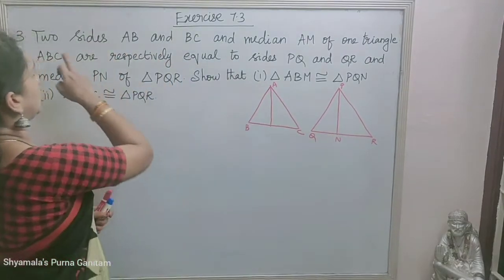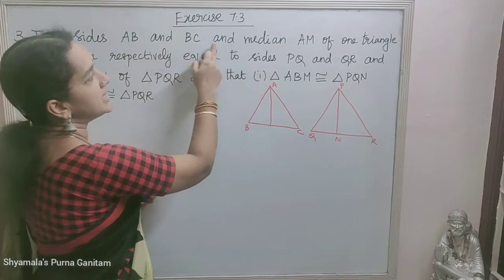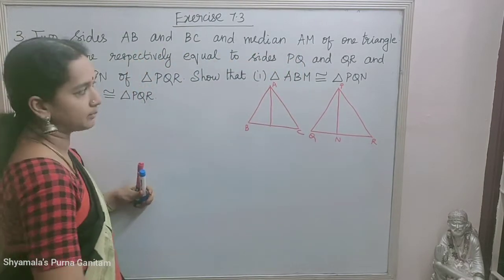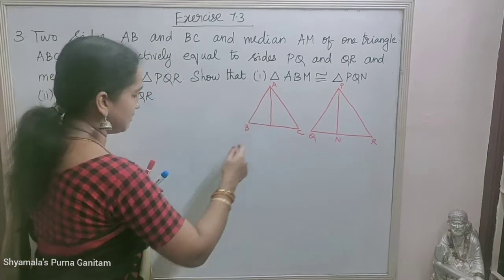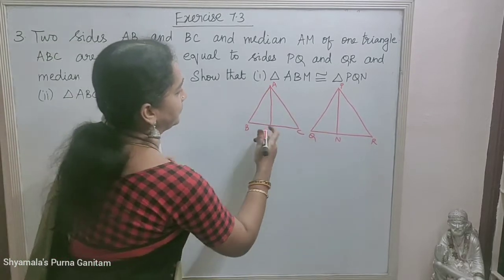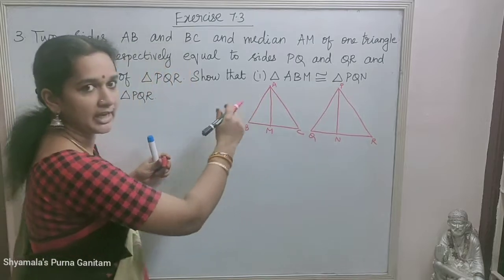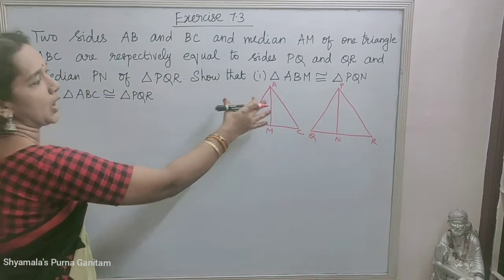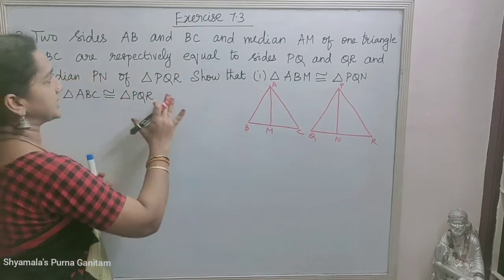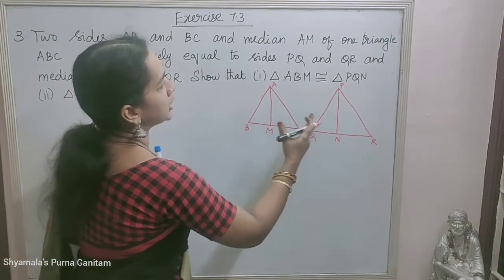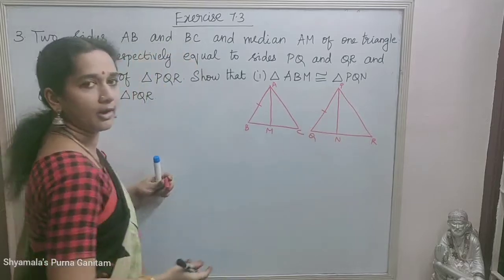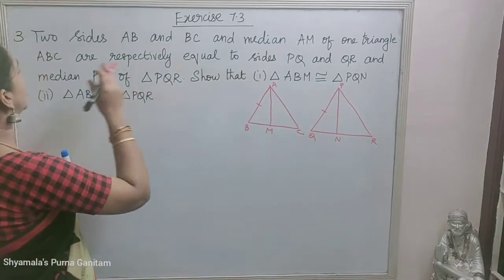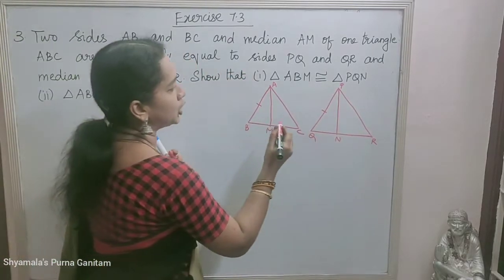Okay. So two sides AB and BC and median AM of one triangle ABC are respectively equal to sides PQ, so that means AB and PQ are equal, and QR and median PN.